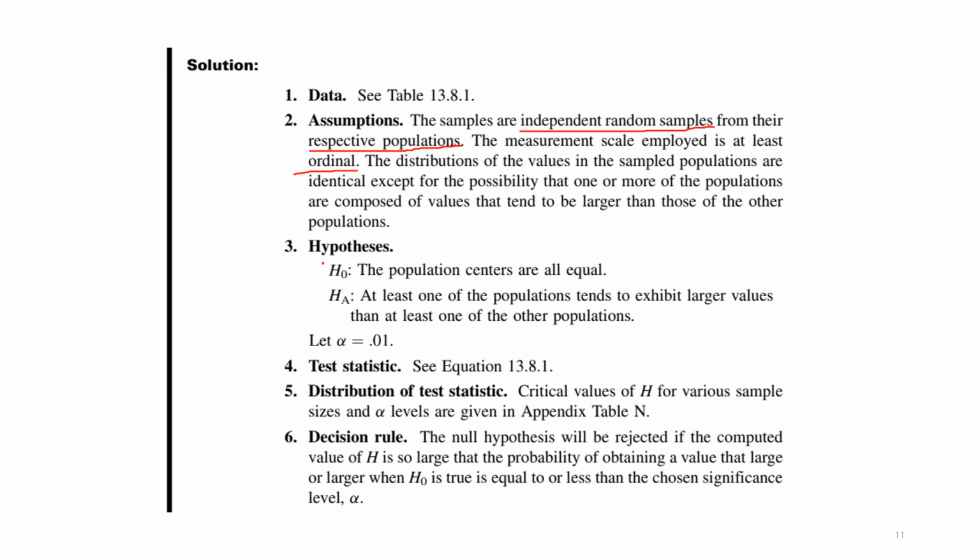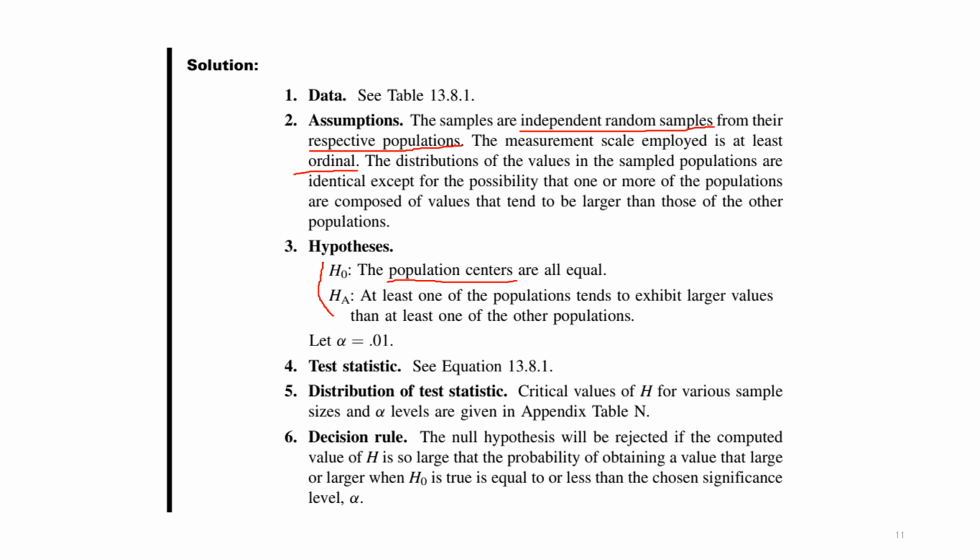So here we have a hypothesis. The null hypothesis: the population centers are all equal. Since this is a non-parametric approach, we cannot talk about the mean value. The only thing is where the distribution is located. Even though the population distribution is weird, there must be a center.